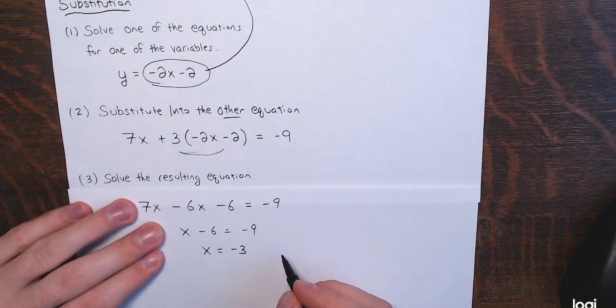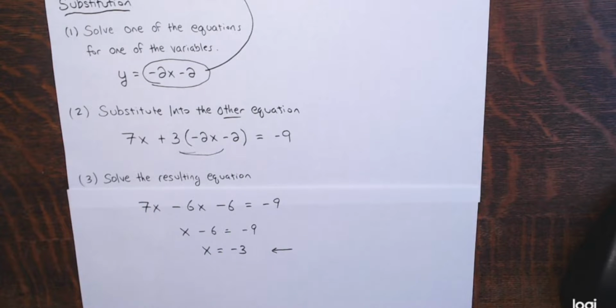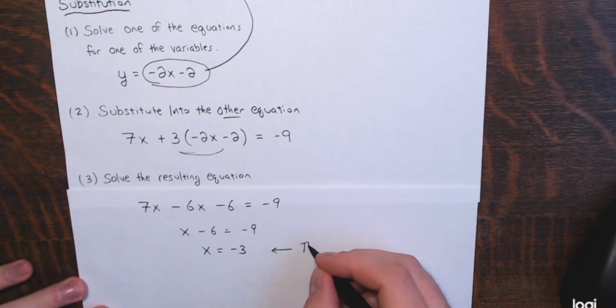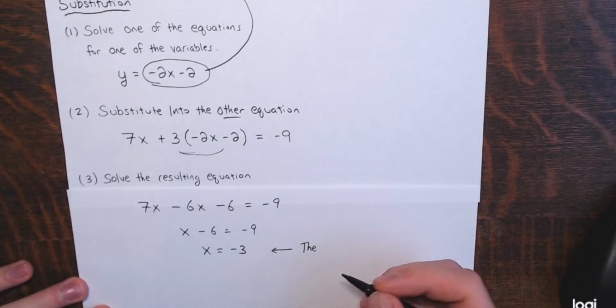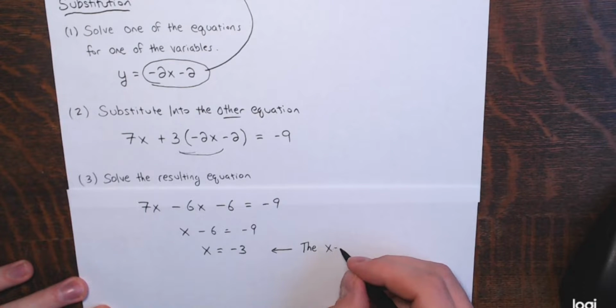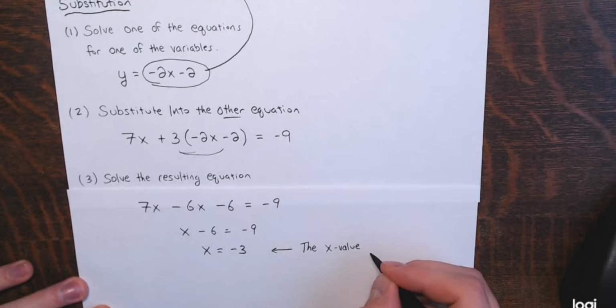Now this is only half the answer. This is only the x value of the solution. Remember, the solution of the system is going to be an ordered pair, an x value and a y value.